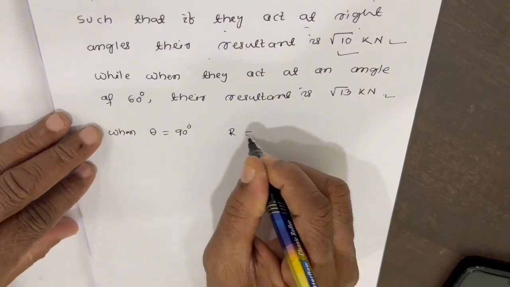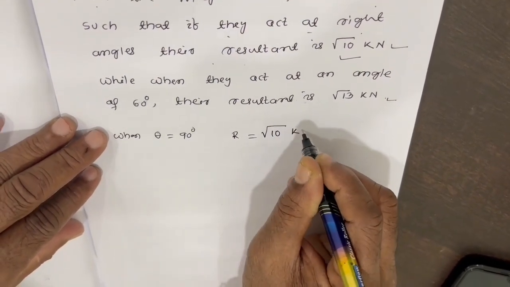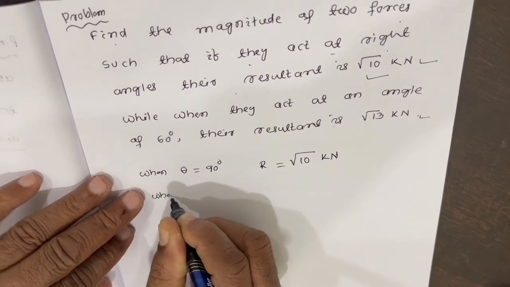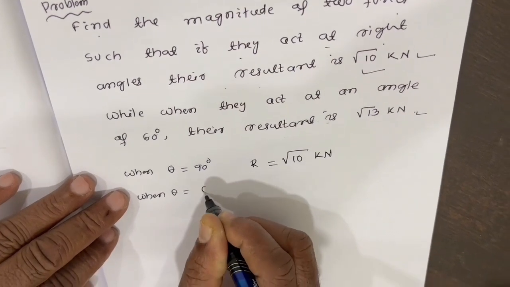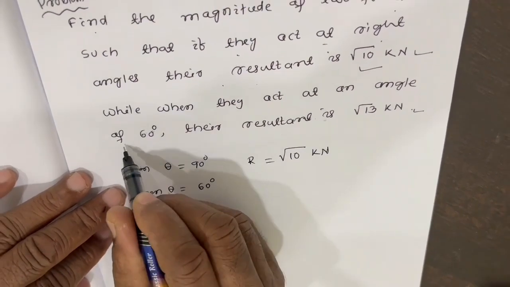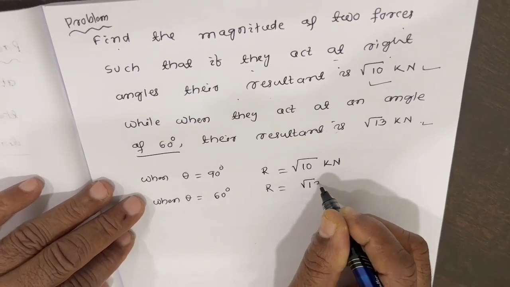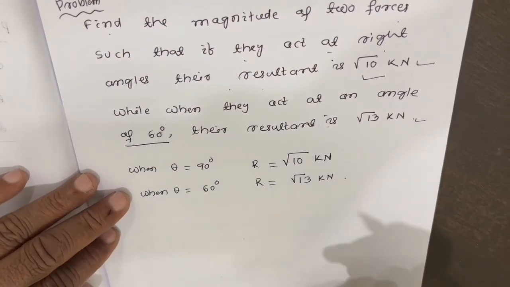R is equal to root 10 kilonewton. Then when theta is equal to 60 degree, R is equal to root 13 kilonewton.